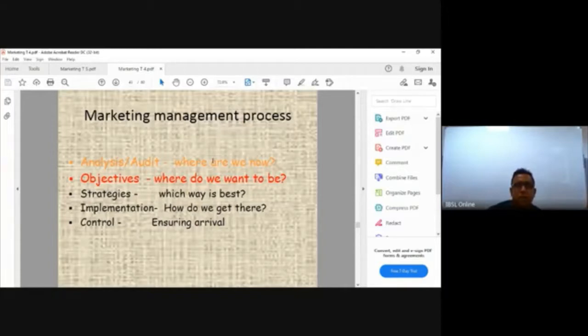Now we are getting into the second stage of the marketing management process. That is, where do you want to be?